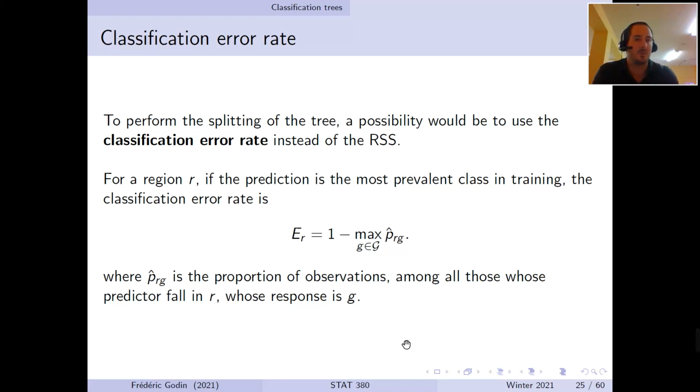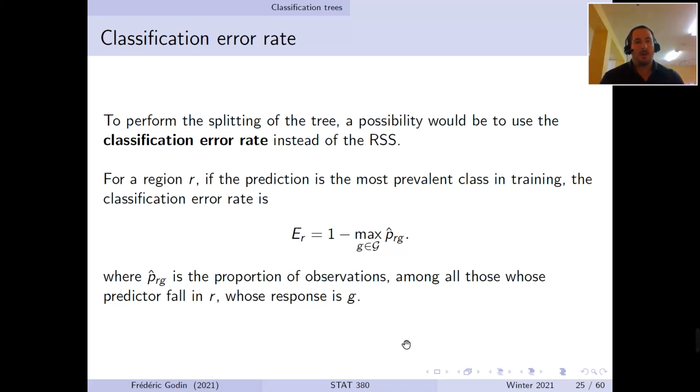So maybe subregion 1 could be orange and the other could be all other colors, yellow and blue. So if the predictors are qualitative, we can still make a split by putting some values on one side and all other values on the other side. But for the sake of simplicity, for the rest of this chapter, I'll presume the predictors are quantitative.